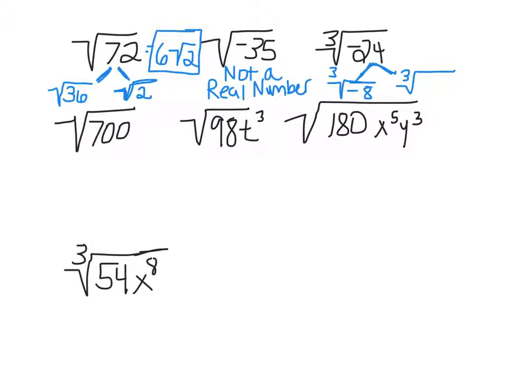And then what's left over after I take negative 24 and divide it by negative 8? Well, negative 24 divided by negative 8 is 3. So now, to simplify, I simply take the cube root of negative 8, that's negative 2, and then I have the cube root of 3 left over. And that is that expression simplified.